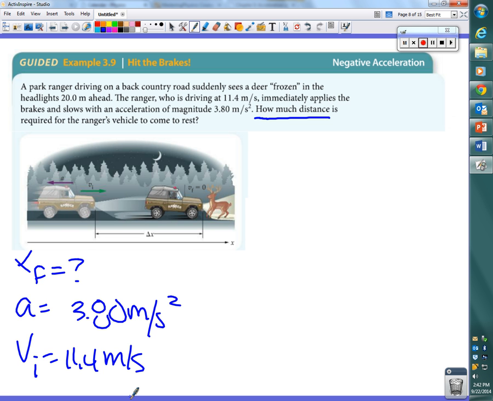Now, Simran, here's this time when we have to make sure our signs match up, okay? Physically, what's happening to the Ranger's vehicle in this problem? Slowing down, right? So what has to be true about velocity and acceleration if something is slowing down?